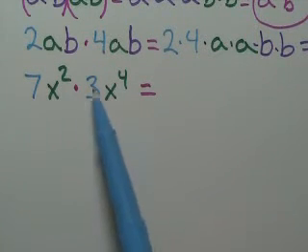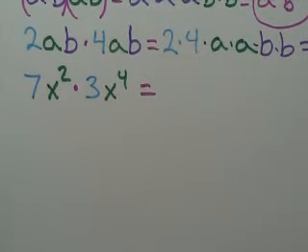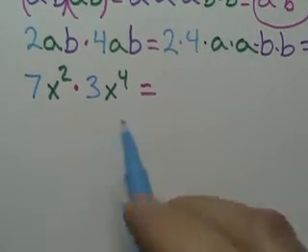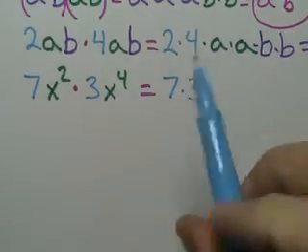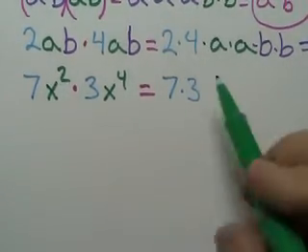Next example, again, we have numbers and we have variables with exponents. So I'm going to move things around here. I'm going to do my numbers first. I have a 7 and a 3. 7 times 3. And then my x's, I have 2 of them.